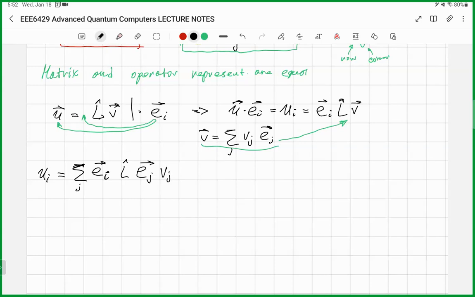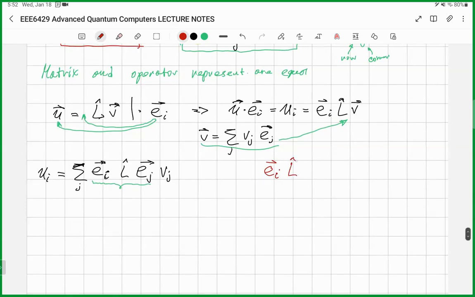So now I can look at this formula and notice that I have this combination here: I vector, L operator, E sub J vector. I can simply denote this expression by L sub ij, right?